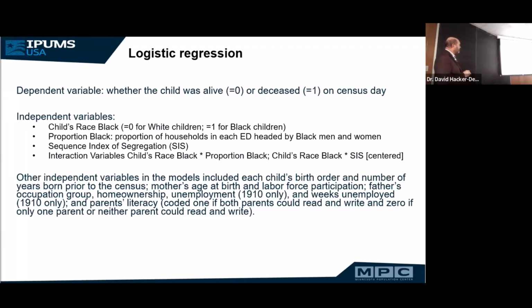The variables of interest are the proportion of the population Black in each enumeration district and the index of segregation, and we also do an interaction of those two variables by race, thinking that maybe segregation has a different impact on Black children than it does on white children. We control for everything possible here. We're trying to control for as much socioeconomic status as possible.